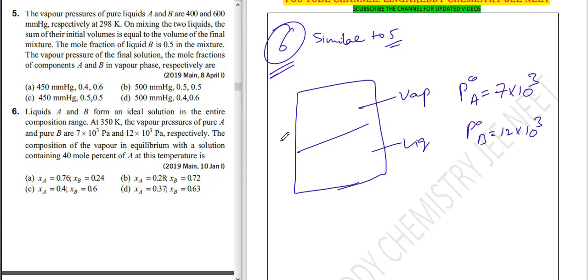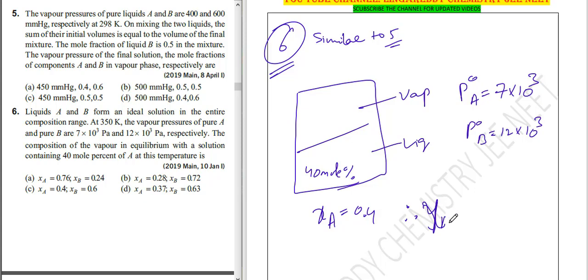The composition of the vapor in equilibrium with a solution containing 40 mole percent of A at this temperature. Here XA is given indirectly, XA is 0.4.